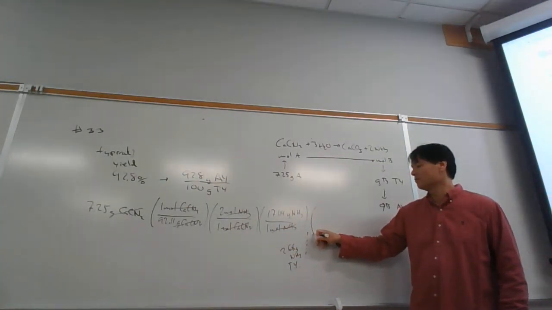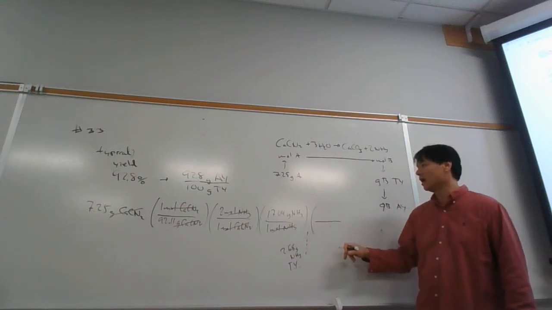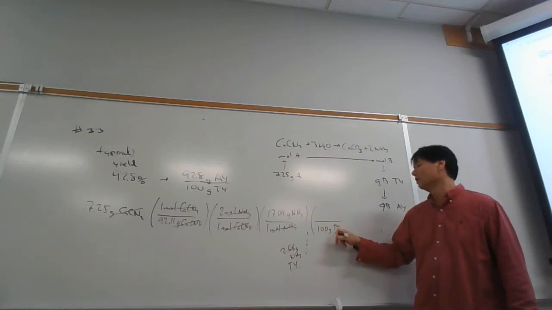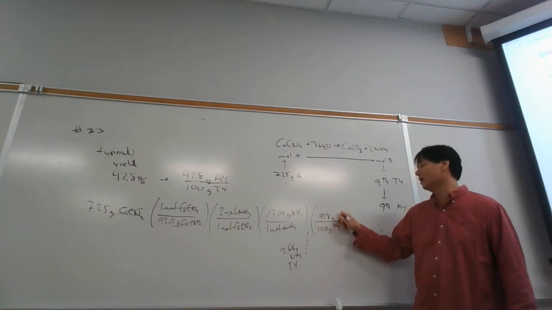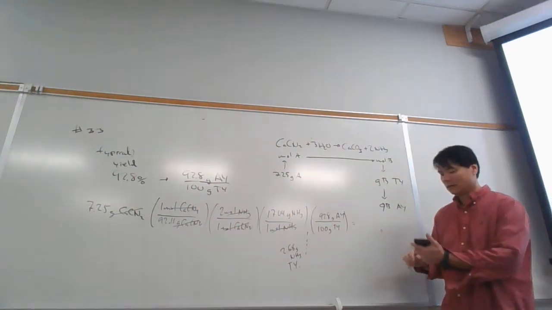And so the next conversion factor is, if this is the theoretical yield, then I'm going to have 100 grams of ammonia theoretical yield over 92.8 grams of ammonia actual yield. And so the actual yield is going to be a little less.